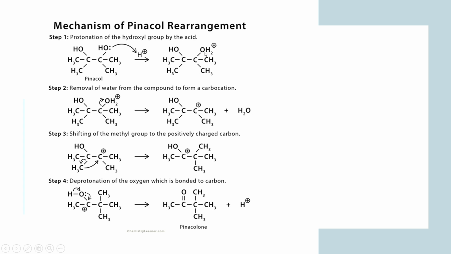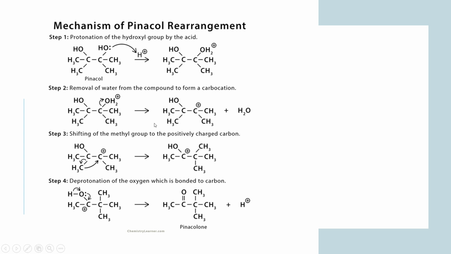Okay, so in the subsequent step, this good leaving group leaves, and it leaves behind this carbocation center. Okay, this is a tertiary carbocation which is stable. Along with the formation of this carbocation, we are knocking out this neutral water molecule in the second step.